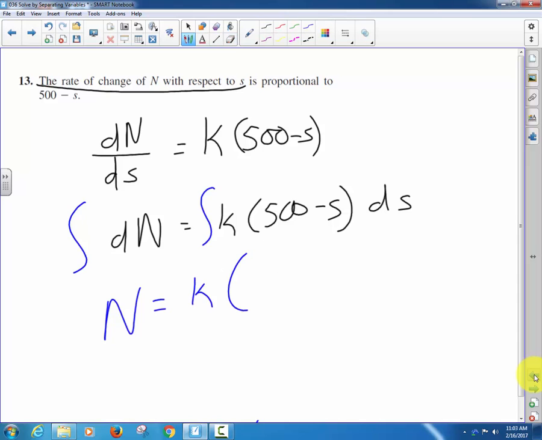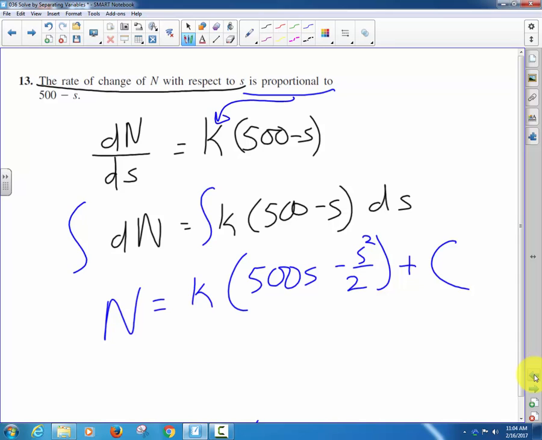Thank you. I went brain dead there for a minute. Now when we integrate 500, we get 500s minus s squared over 2 plus c. You need to be sure that you remember this is proportional to, gives you that constant of proportionality there. Easy enough to solve? Good, good, good.